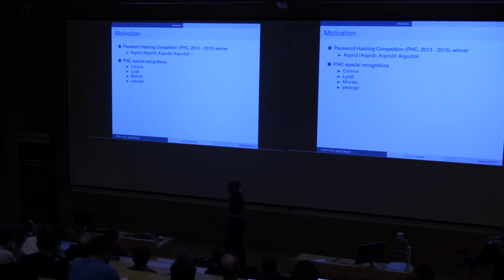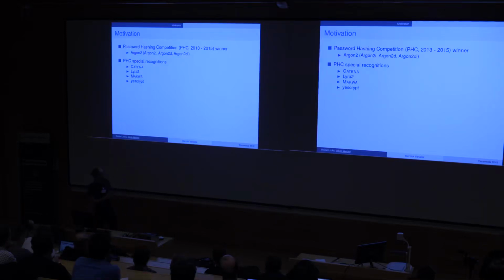So first of all, the Password Hashing Competition, sorry. It ran for 2 years, from 2013 to 15, or 3 years, where at the end the winner Argon2 was chosen with 3 different variants. The first one is Argon2i, which has an independent memory access pattern, which means it is not vulnerable to cache timing attacks, for example.